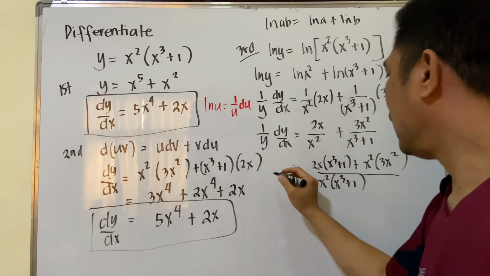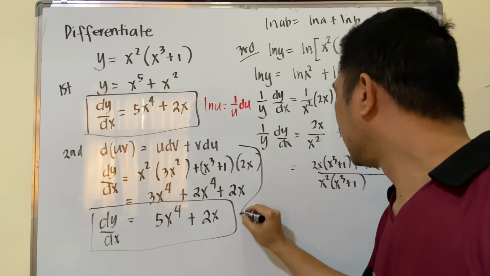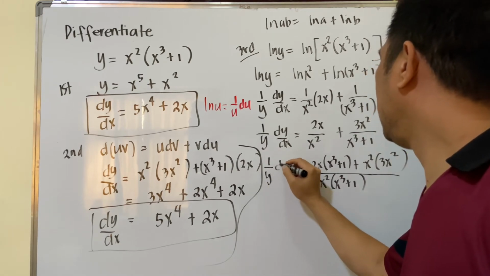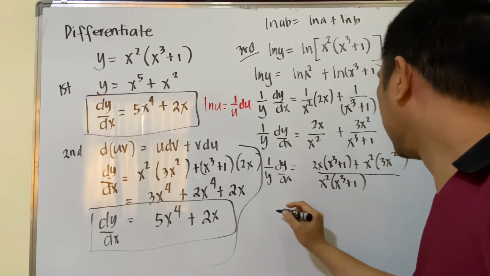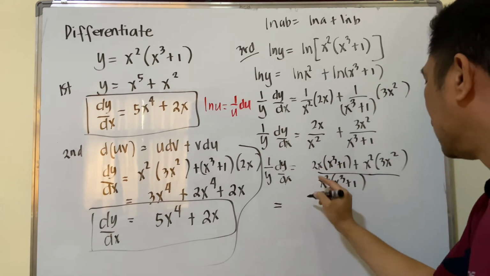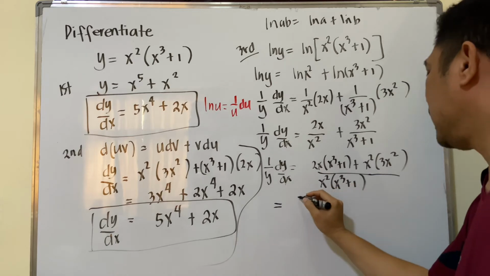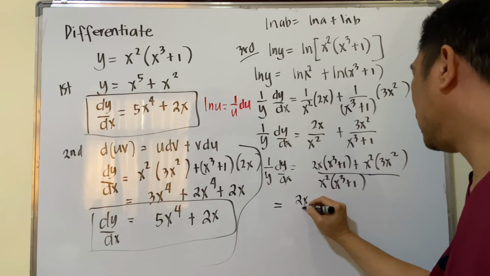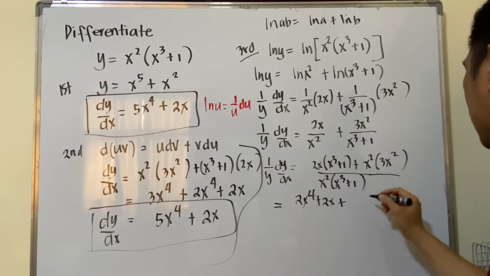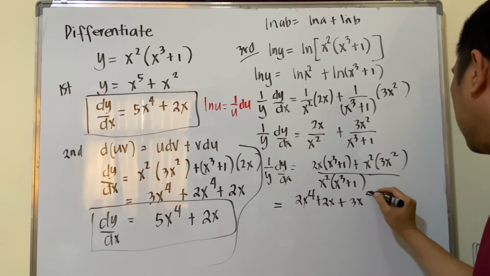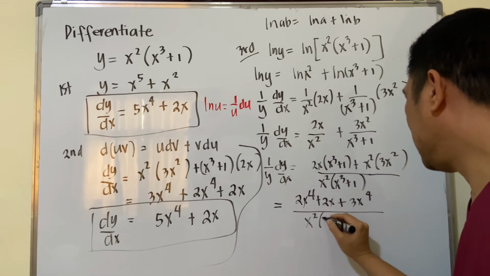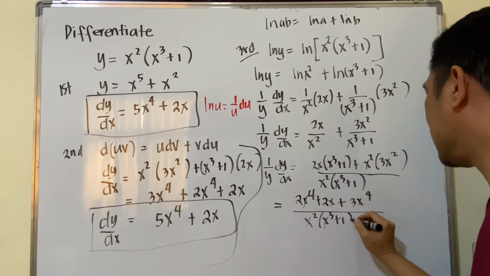Let me just separate that one. 1 over y dy over dx. Let's simplify this. You have 2x times x cubed, that is 2x to the 4th, plus 2x, plus 3x to the 4th, divided by x squared times the quantity x cubed plus 1.